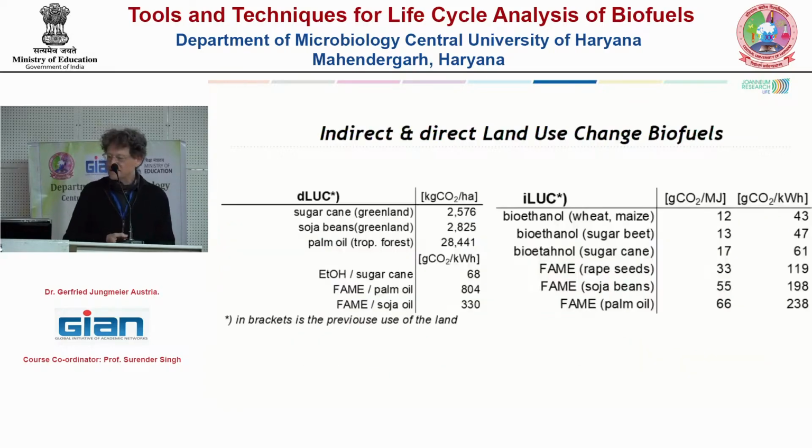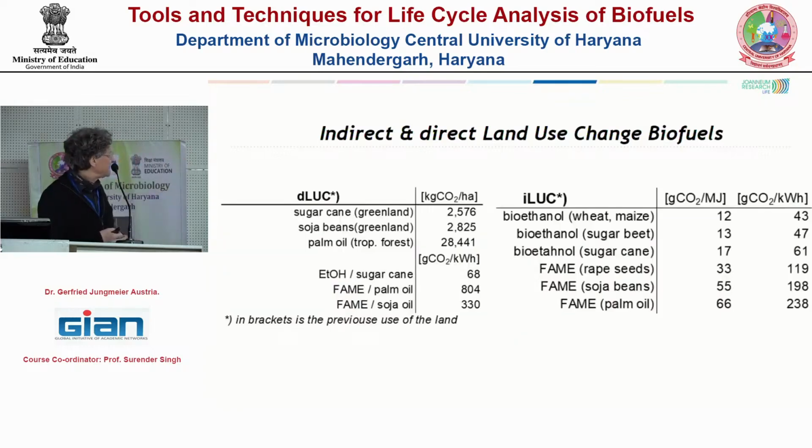Just to give you some orders of magnitude of how much carbon or CO2 is stored, or how much carbon you lose: for example, if you convert grassland to sugarcane, you roughly lose 2.5 tons of CO2 per hectare. From grassland to soybeans, it's roughly 3 tons of CO2 per hectare.